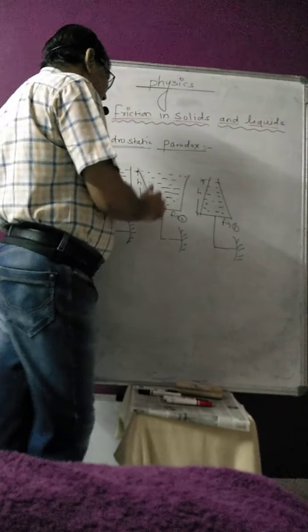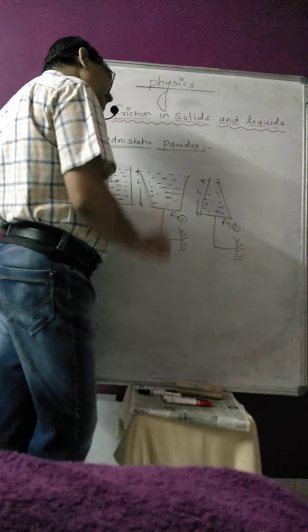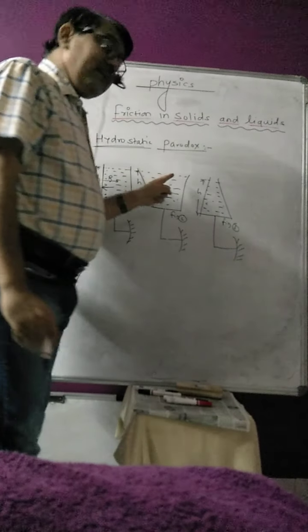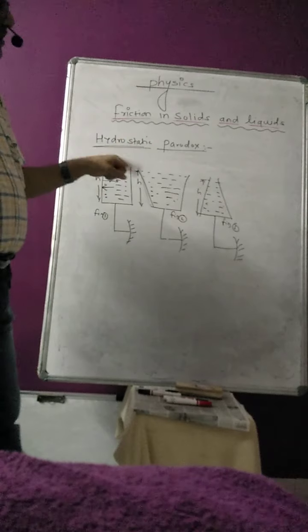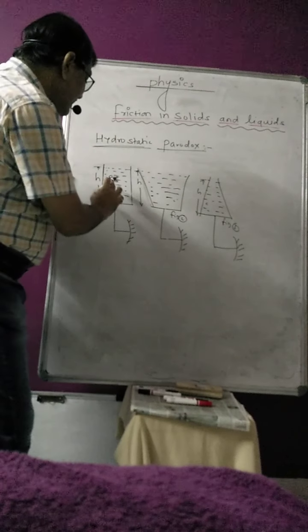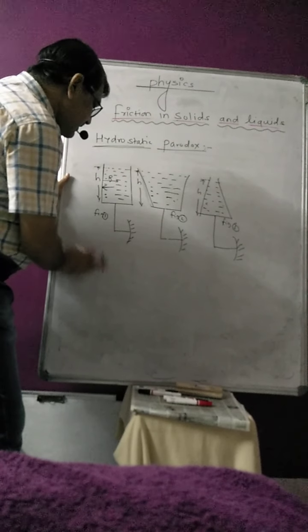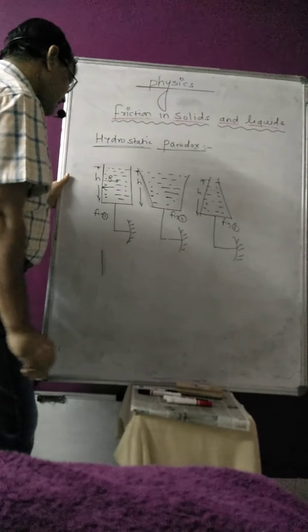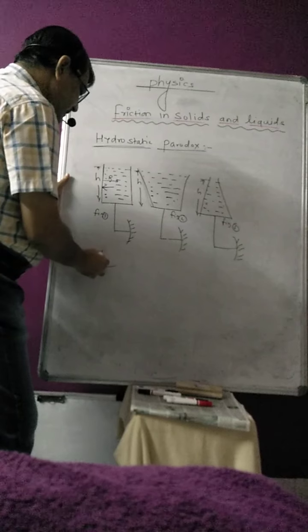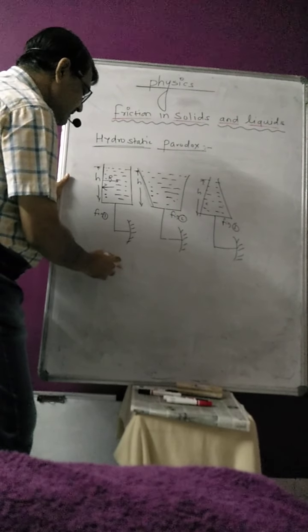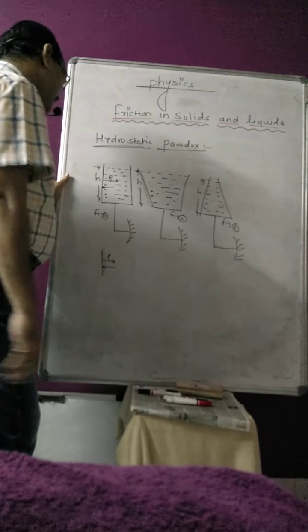Now in the second container, the liquid will again exert pressure. Suppose this is a vertical straight surface: the force exerted by the liquid is in this direction and the reaction force is in this direction, so they are parallel to each other.